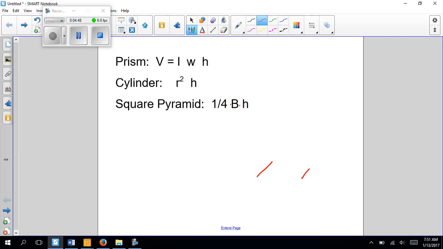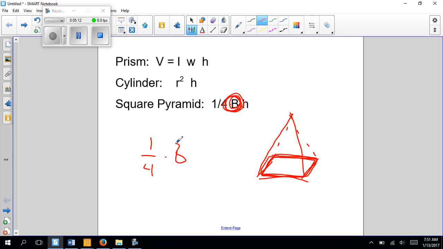So if I have my square pyramid here, the fraction is going to be in the formula no matter what, times, since it's a capital B, that means you have to find the area of the base, the total area of the base. Anytime it's a capital, that's what that means. The H stands for the height, from the middle of the base up to the apex of the pyramid, the top of the tip. So anytime you have a square pyramid, that's what you're looking for.